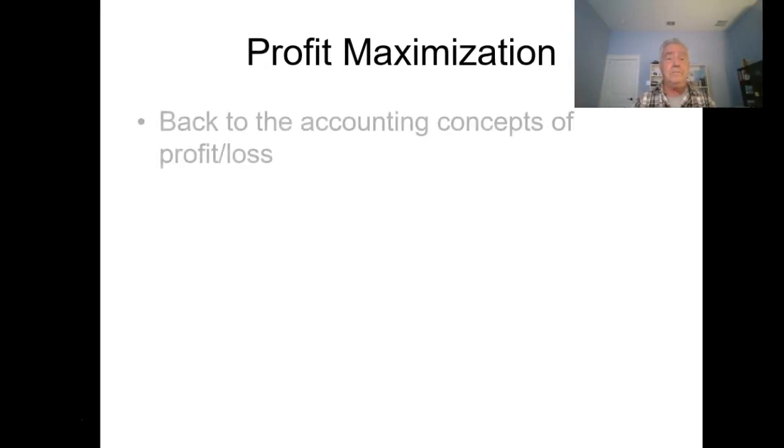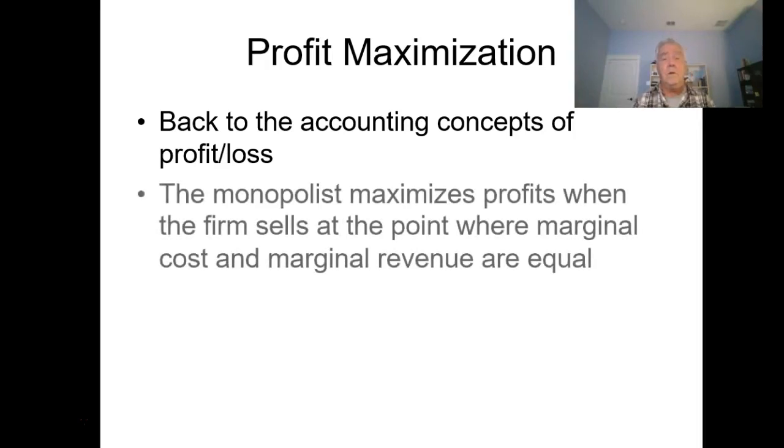Profit maximization. Let's talk about that. Back to the accounting concepts of profit and loss. The monopolist maximizes profits when he sells at a point above the intersection of marginal cost and marginal revenue. We saw that in that graph. I'll say that again. The monopolist maximizes profits.